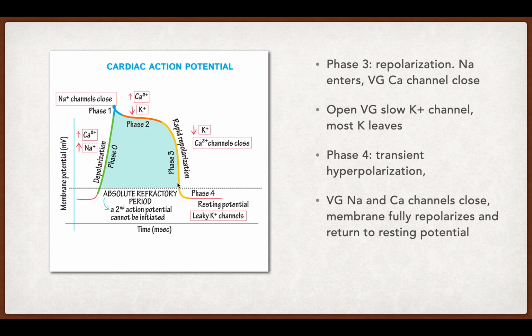And while all of this is occurring, sodium is also still entering. And that's how the cell is going back to resting potential, and the sodium comes in due to an exchanger.